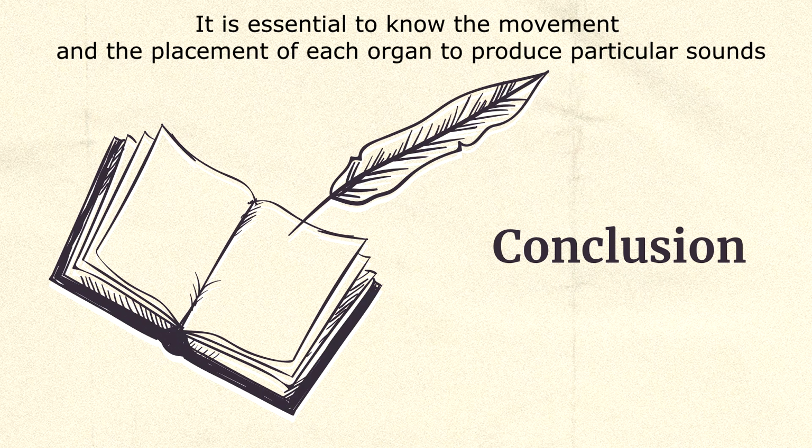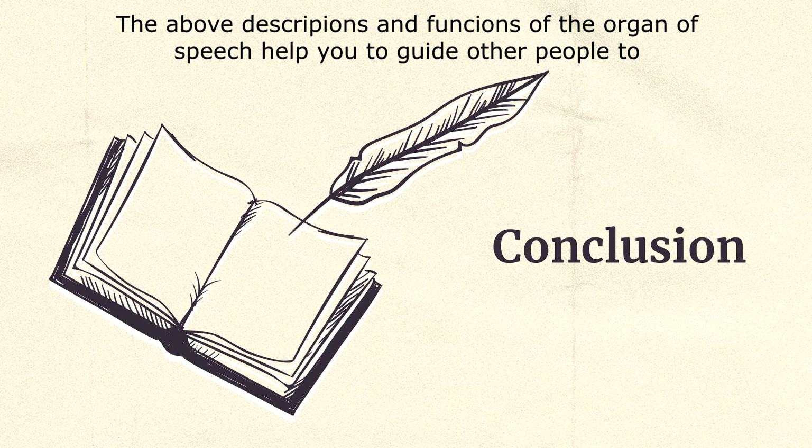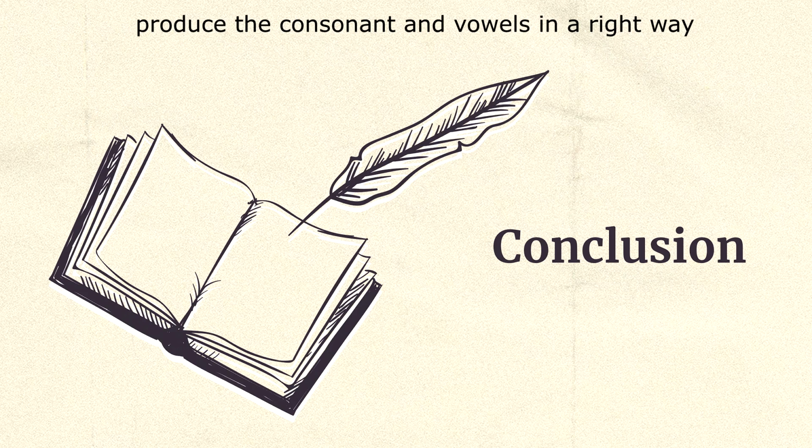It is essential to know the movement and the placement of each organ to produce particular sounds. The above description and function of the organs of speech help you to guide other people to produce the consonants and vowels in the right way.